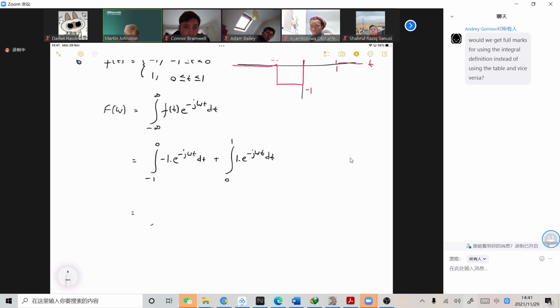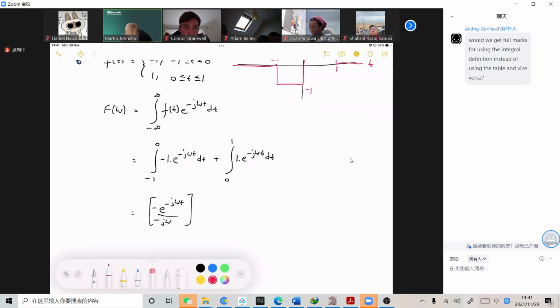So in this case, integrate the first one. So it'll be e to the minus j omega t over j omega. These minus signs will cancel out.